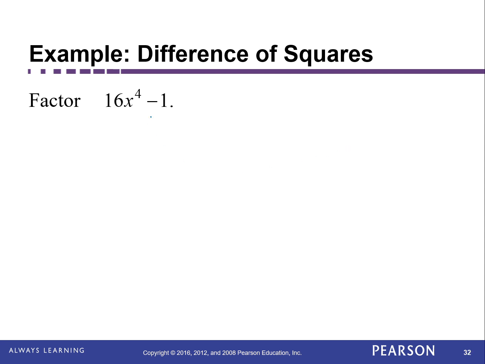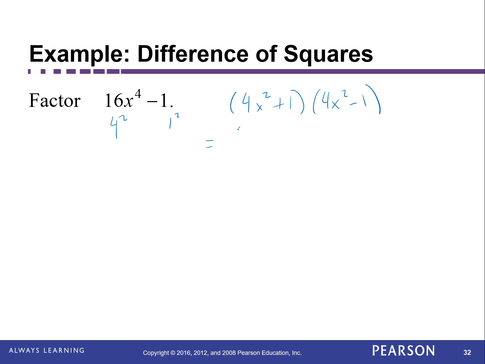And that is your factorization. How about this one, though? Well, 16 is 4 squared. Technically, 1 is 1 squared. So maybe this one breaks up into 4x squared plus 1, and then a 4x squared minus 1. But wait, I think this can be further broken down.